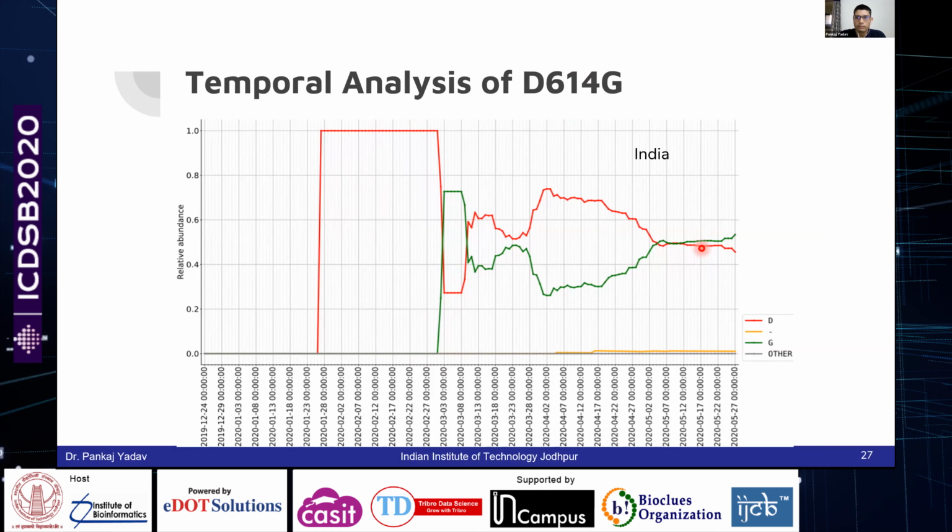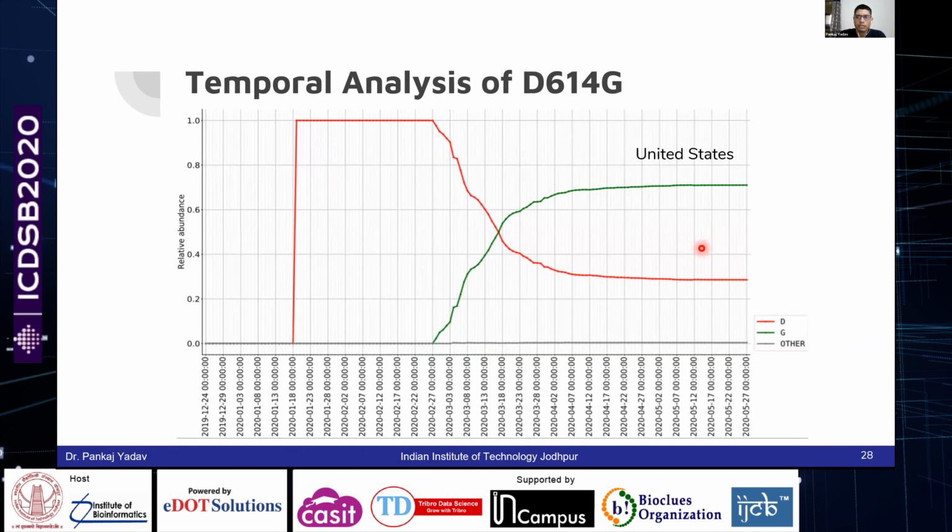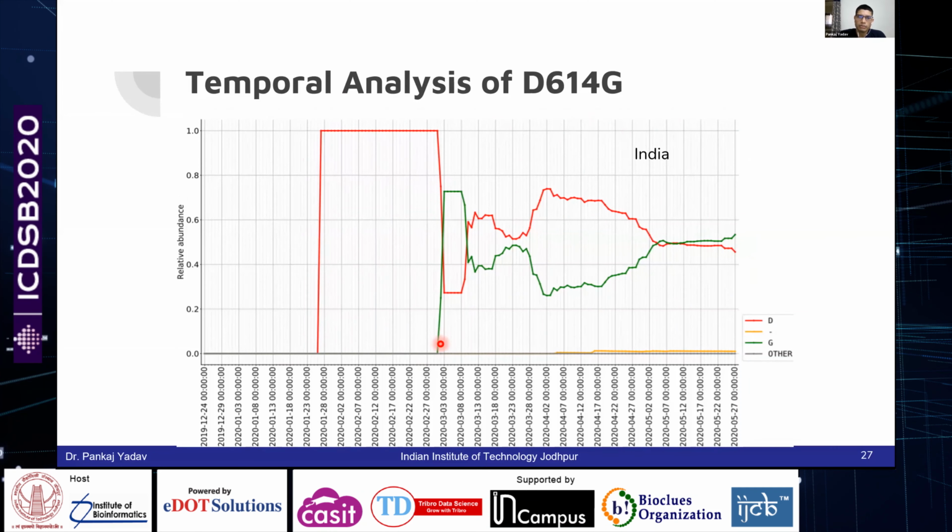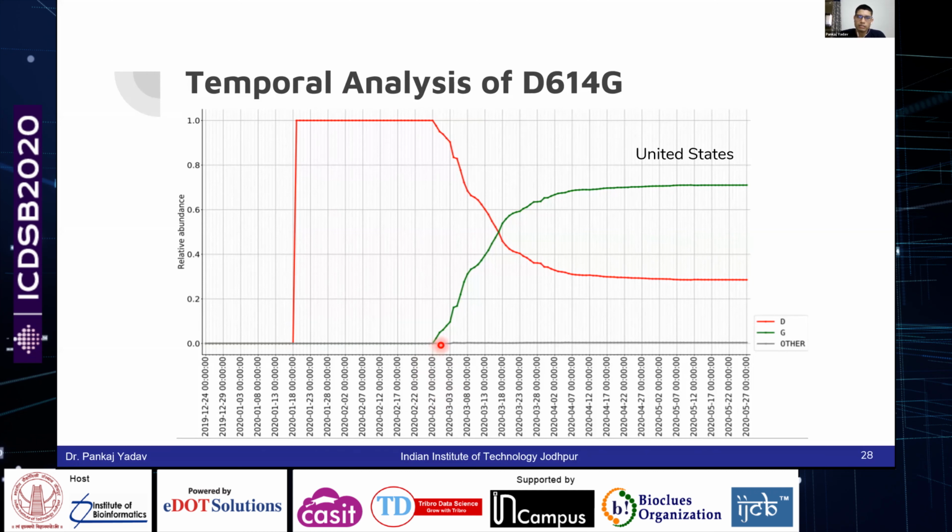In the United States, it's quite a similar situation. It was highly prevalent during the beginning. I forgot to mention that the G type started around the beginning of March, and in USA this started maybe weeks before, and that also explains why these countries got more cases with time.